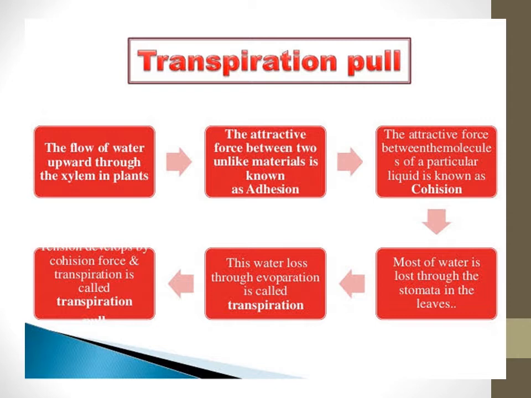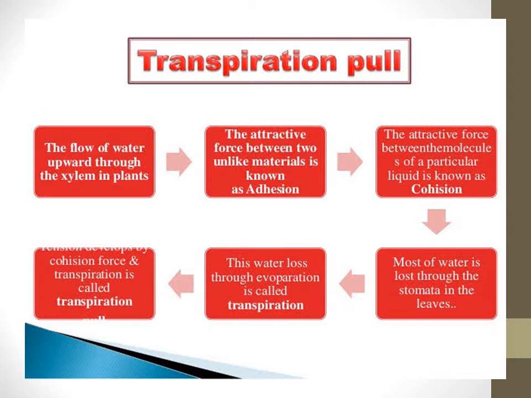The next step is that most of the water is lost through the stomata in the leaves. So from the roots the water is sucked up following this adhesion and cohesion. But when transpiration occurs, now you know what is transpiration? Loss of water. When the sun is there, many water molecules are lost via stomata, the pores on the leaves.